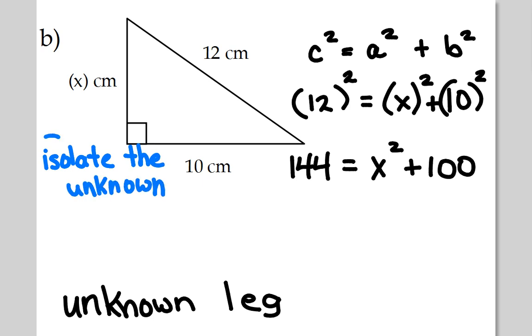What does it mean to isolate? If you were alone on a deserted island, would you be isolated? Yeah? Okay, so just in case you're not sure, to isolate, you have to be by yourself. So what's the problem here? Is x by itself? So you need to get rid of that 100. How to do that?